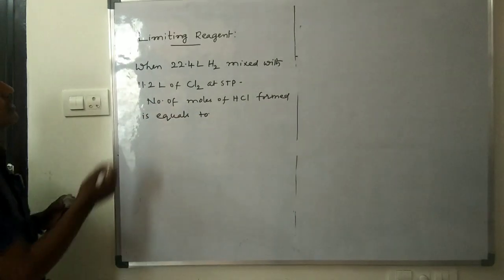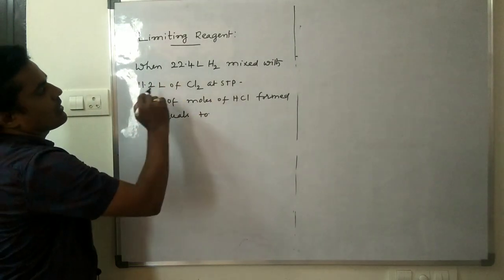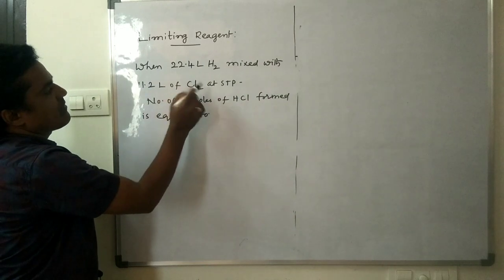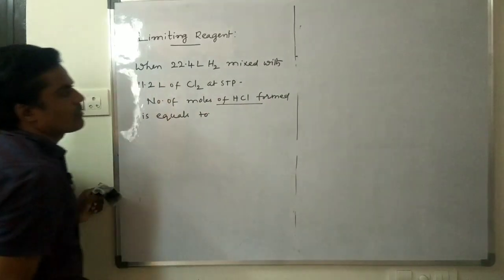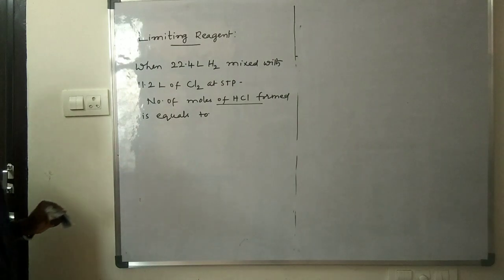Now this is the problem. So when 22.4 liters of hydrogen is mixed with 11.2 liters of chlorine at STP, how many moles of hydrochloric acid are formed during this reaction?